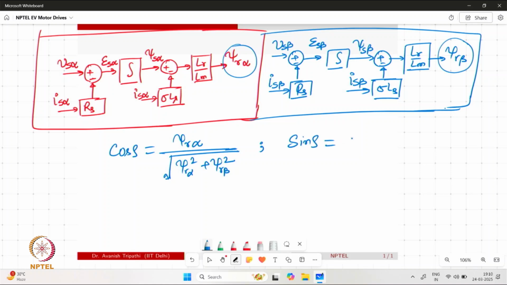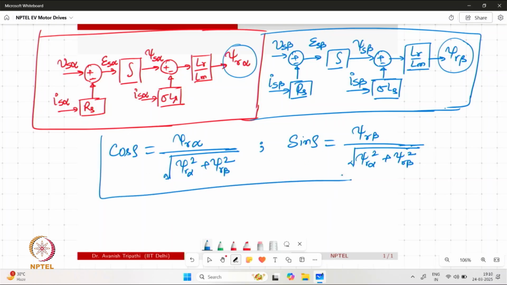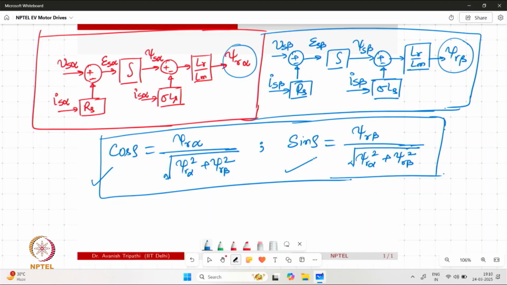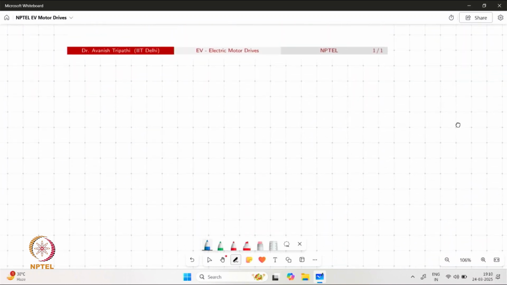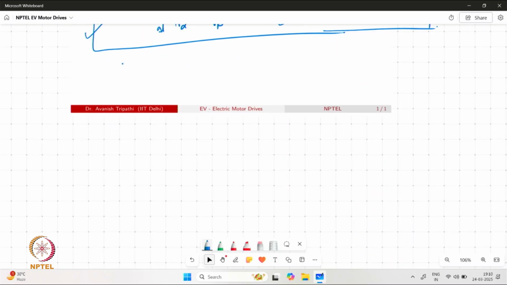Similarly, the next unit vector can be taken as the scaling of the magnitude of psi r beta. So this provides us the necessary unit vectors which are required for the conversion of RYB to DQ or DQ to RYB. Now, moving ahead, we would like to estimate the rotary speed of the machine.